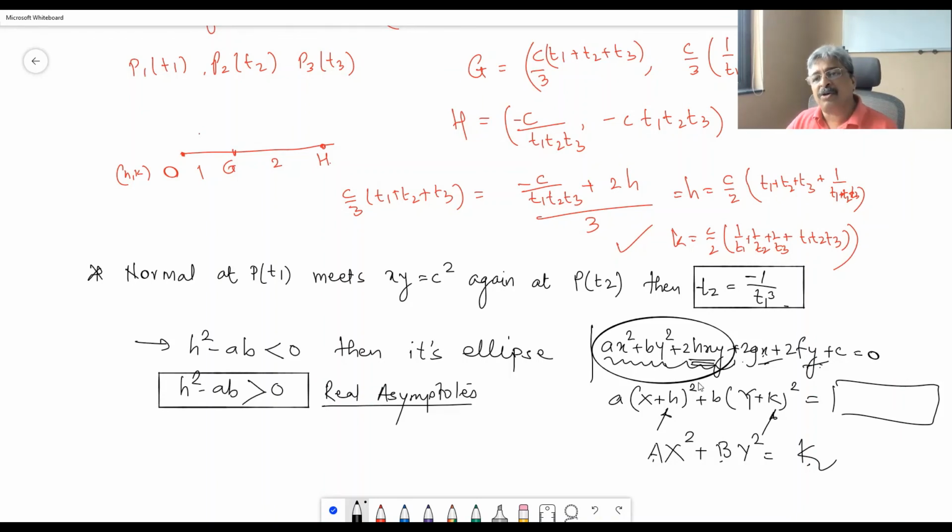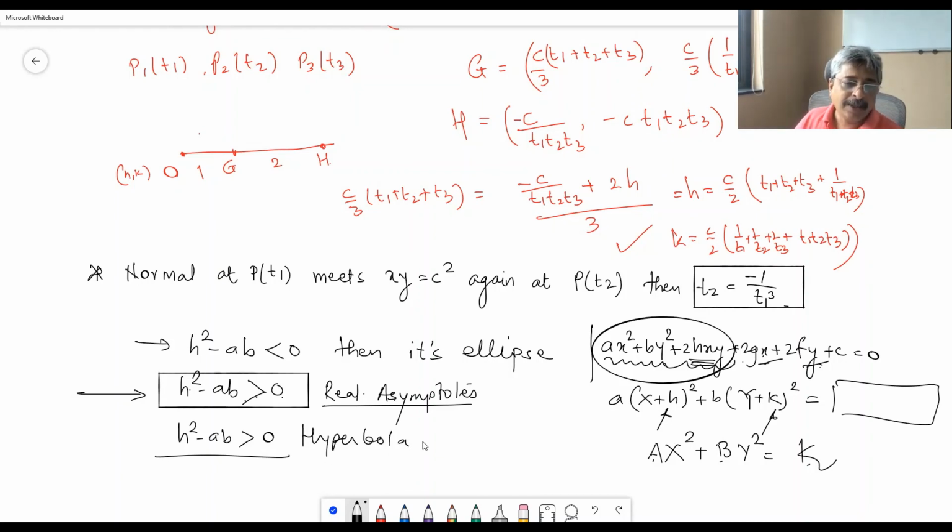Therefore, the homogeneous part of every degree 2 equation is the joint equation of asymptotes. If you want real asymptotes, then h square minus ab must be greater than 0. Real asymptotes means it is a hyperbola. Therefore the characterization of hyperbola is h square minus ab greater than 0. Equal to 0 is parabola, greater than 0 is hyperbola, and therefore h square minus ab less than 0 is ellipse.